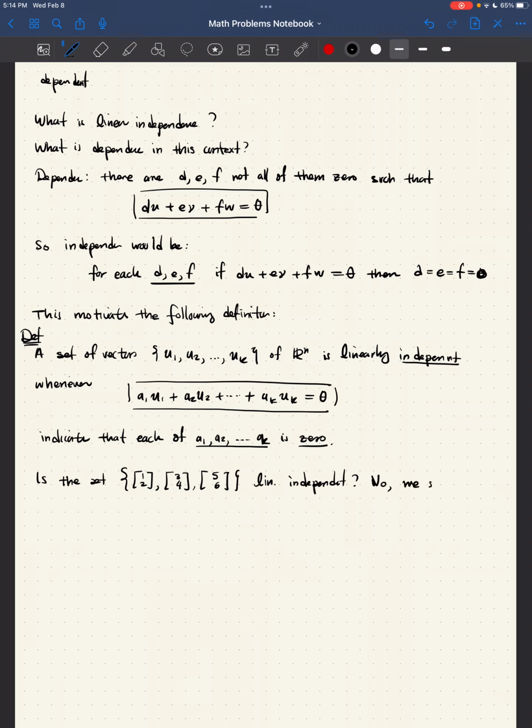We see that we can write -1 times 1, 2 plus 2 times 3, 4 plus -1 times 5, 6 as the 0 vector. So it's not the only way to write the 0 vector as a linear combination of these when we have the coefficients being all of them 0.